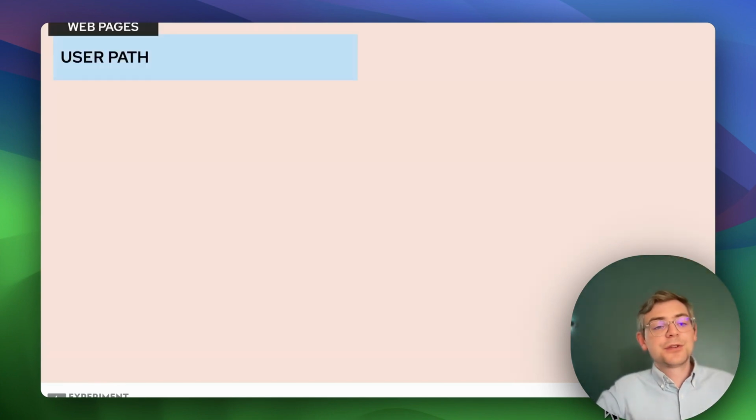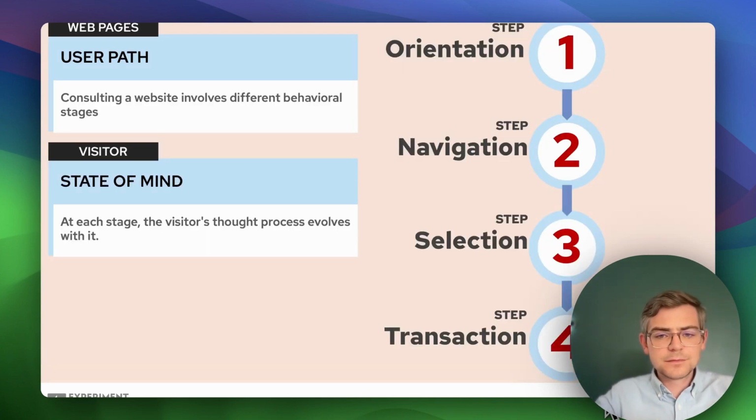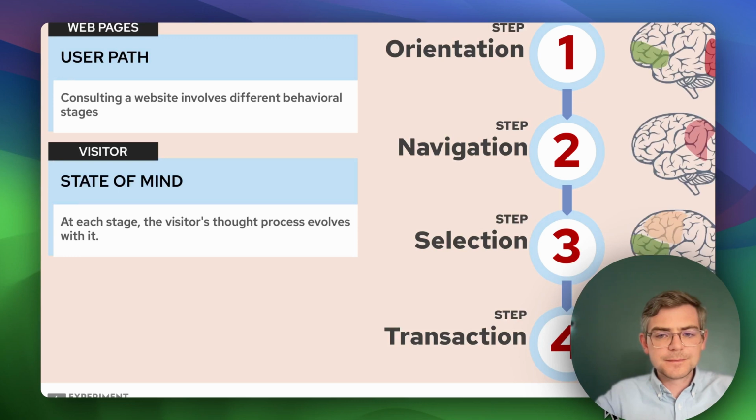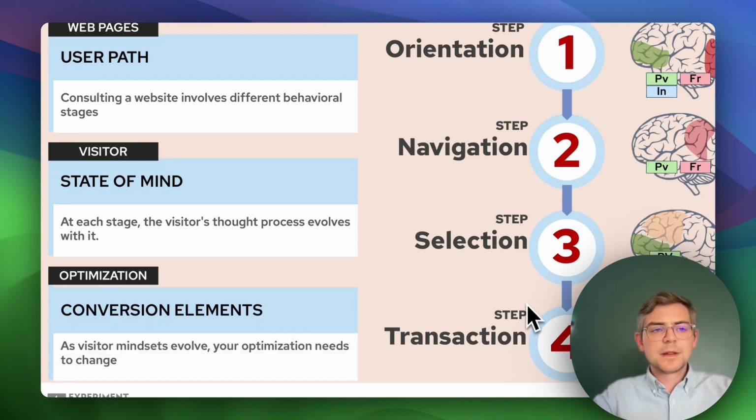So to sum up here, we've seen that you've got a user path, which is orientation, navigation, selection, and transaction.